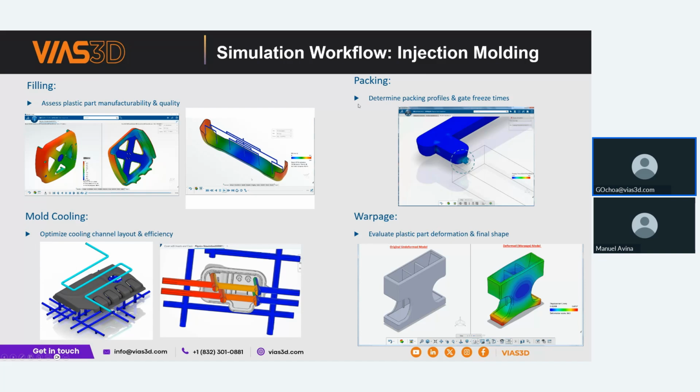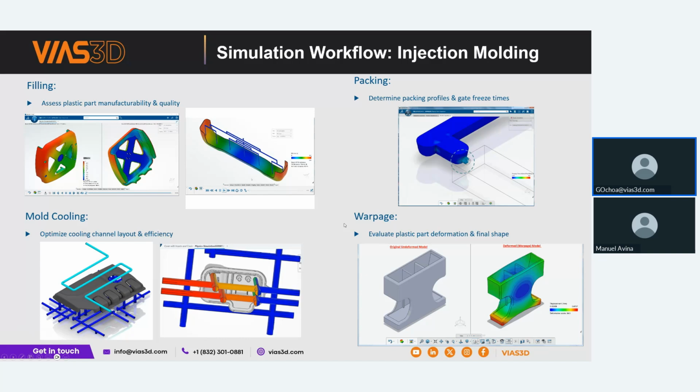Then the same injection molding simulation environment can include some mold components such as the cooling lines or runner systems. And for cooling lines, this is used to calculate cycle times and heat exchange from the cavity throughout the mold. And also, it's possible to perform warpage simulation.